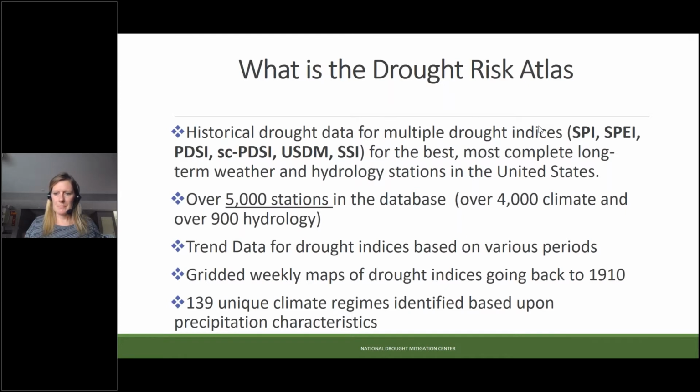And through this process, we did a cluster analysis of the climate stations because we wanted people that were not near a climate station to know which stations in their areas behaved in a similar fashion. And so we developed 139 unique climate regimes. Within each one of those climate regimes, all the stations and also the area in between those stations, statistically behave in a similar fashion. So that's just some background on the atlas.